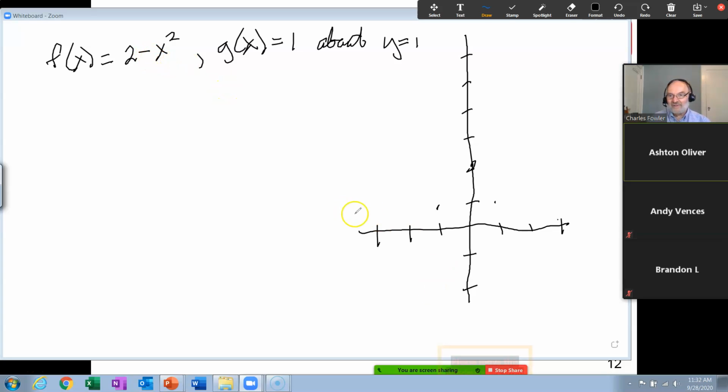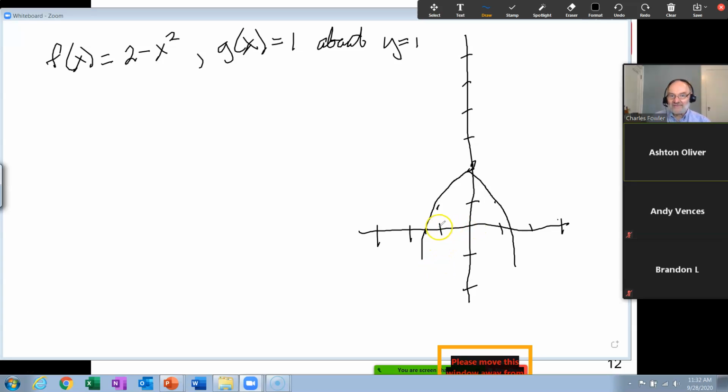And then when x is equal to plus or minus the square root of 2, that's about 1.4, that's when you're down here. Okay, so this is a parabola that does something like this. Something like that.